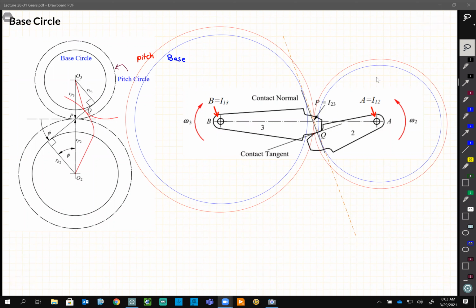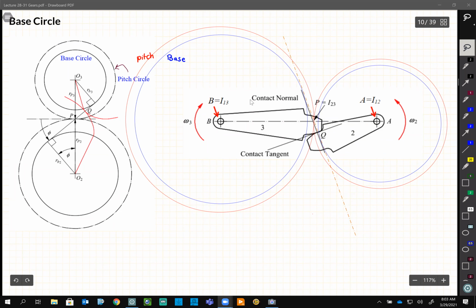So last time we talked about pitch circle and base circle. And now with the assignment that you did yesterday in quiz 9, you have a good idea now what is the base and what is the pitch. Fundamentally, we said when two gears are in contact, we will find the normal line when they are in contact.